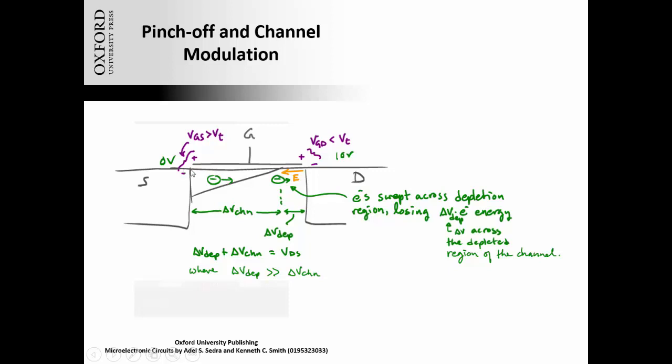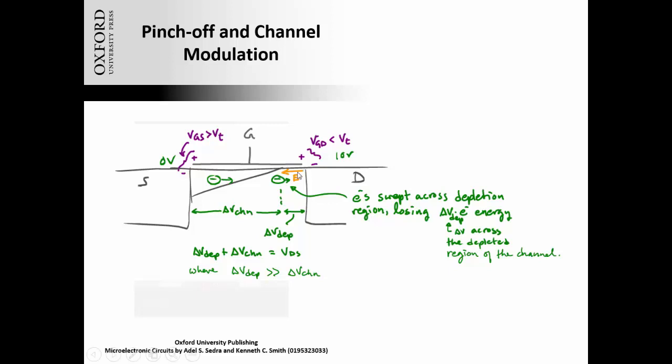I was at 0 volts at the source, and now I'm up to 1 volt here. But by the time I get to the drain, I said it was at 10 volts. So that means that in this distance here, depicted by the orange arrow, I have a 9 volt difference. All right, so I'm dropping 1 volt across my channel, and then 9 volts I am now dropping in this depleted region.